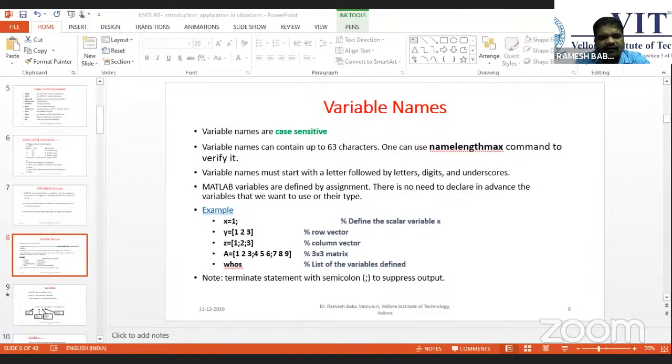So here let us say A is equal to 1, 2, 3. Then obviously this is a row vector. Then B is equal to.